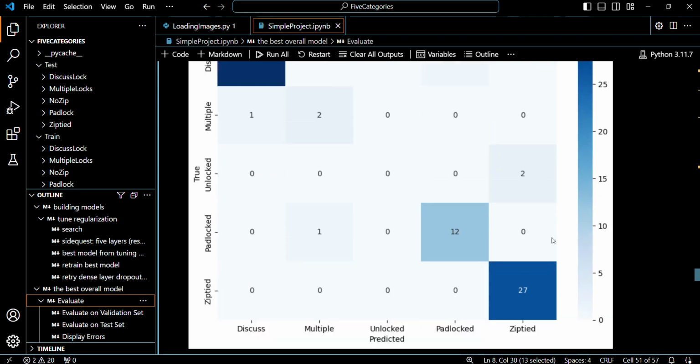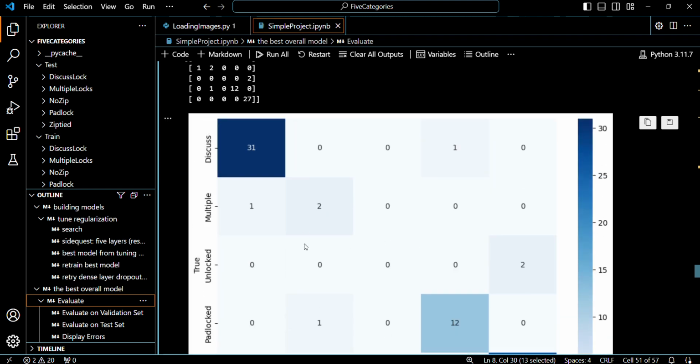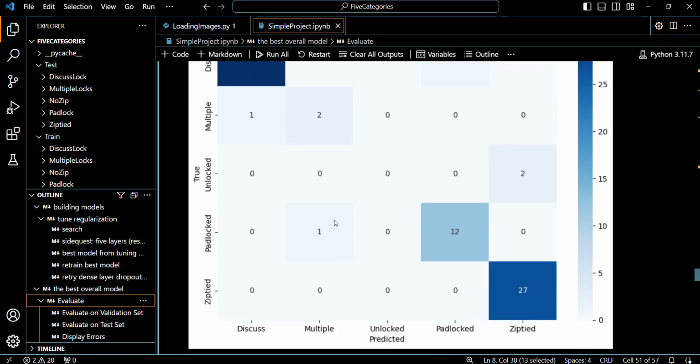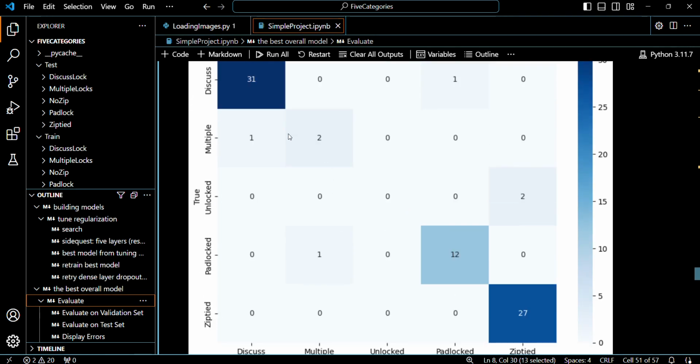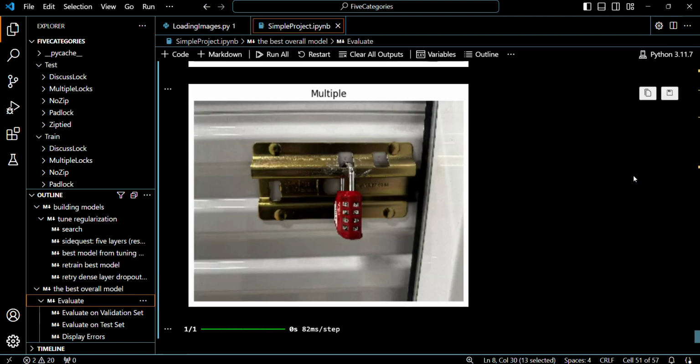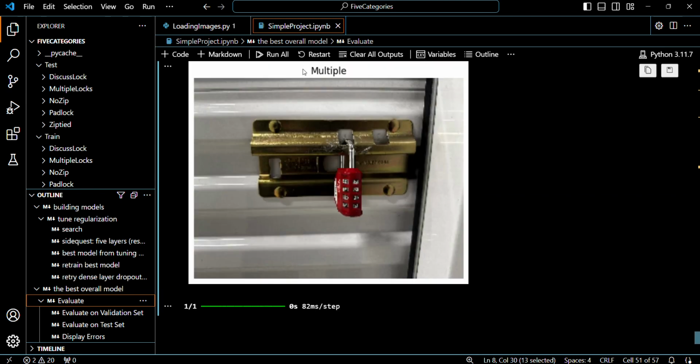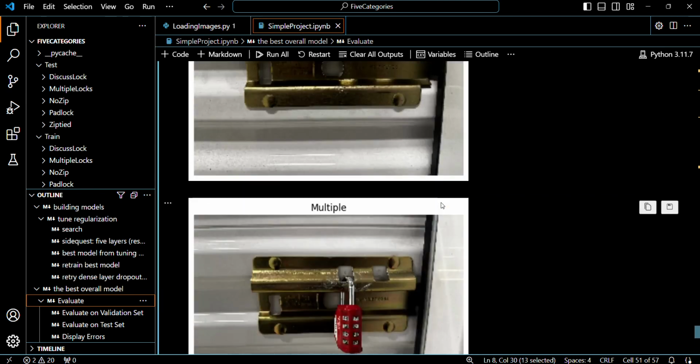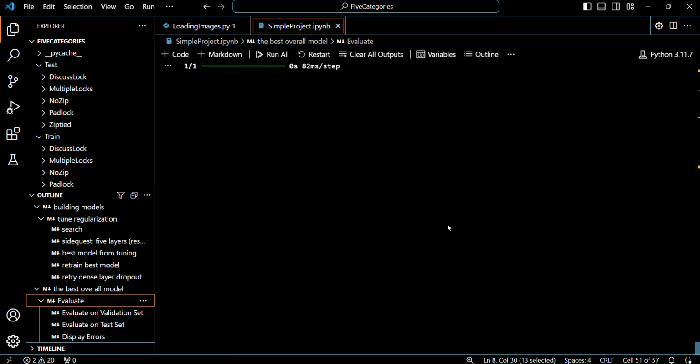In this case, multiple locks, there were so few. You would think it would have obliterated that label as well, rather than putting something that didn't belong into that category. It's puzzling. It's very puzzling. I can't account for this.